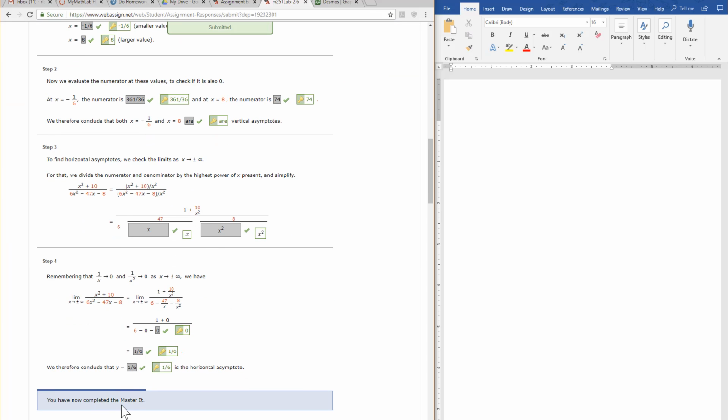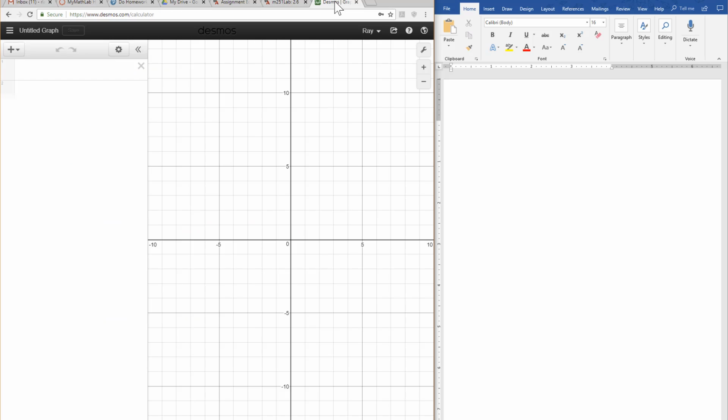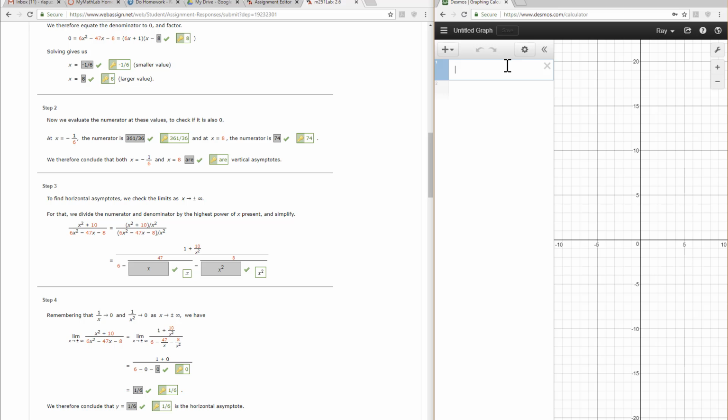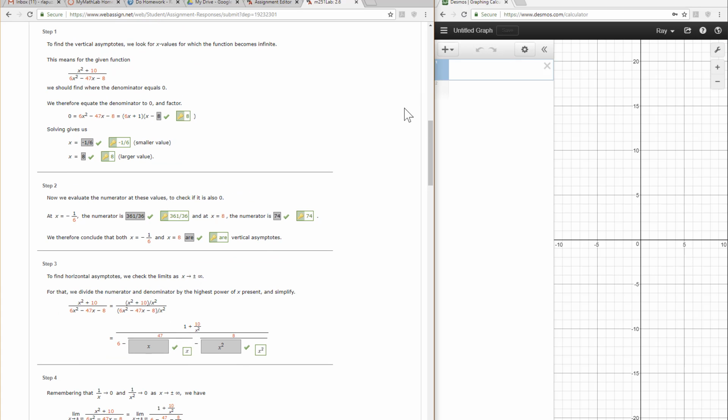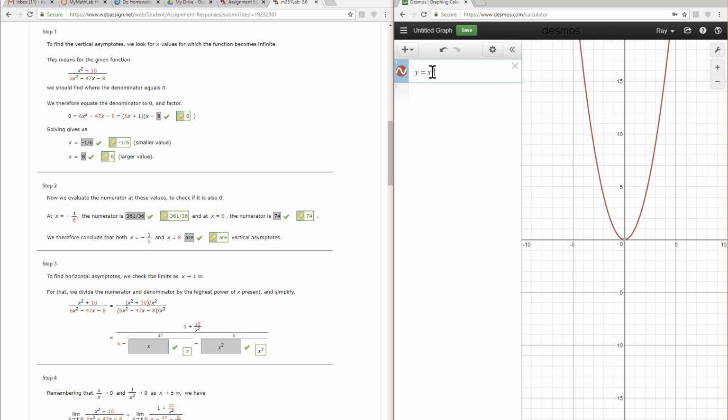Okay, so now that we have completed it, let's actually check using a graphing calculator or some sort of graphing program to make sure that this is accurate. Let's take out our Desmos graphing and type in our function. Our function was x squared plus 10x.